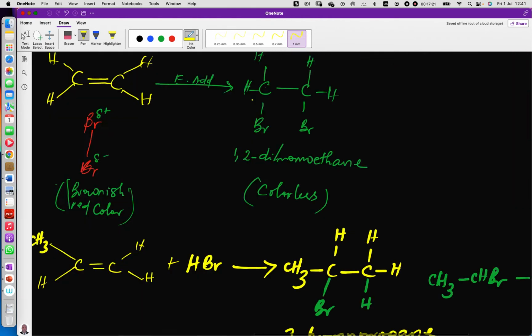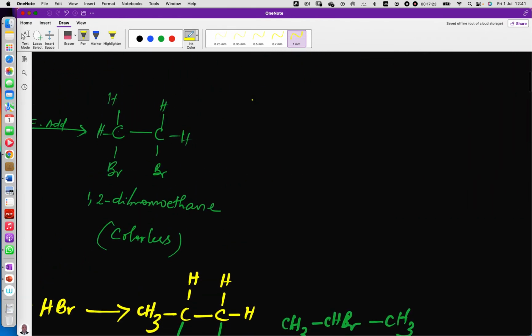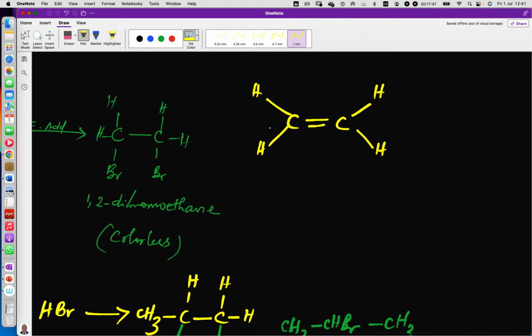Let's use that one as another reaction. This is the alkene molecule.